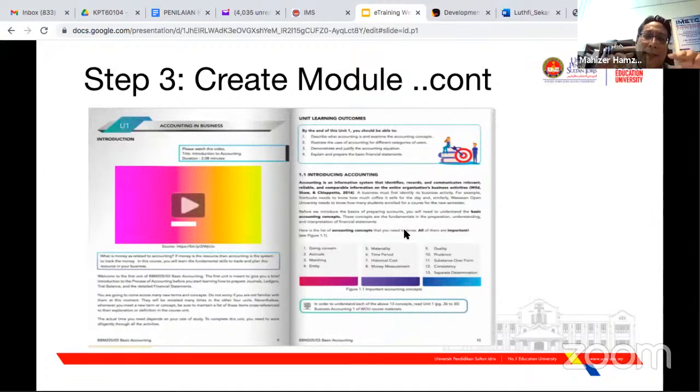Task analysis is important because you need to know what units to cover in order to achieve the goal, and then for every unit, what other sub-skills they should know in order to achieve that unit learning outcome. That's the importance of task analysis in developing a training module.